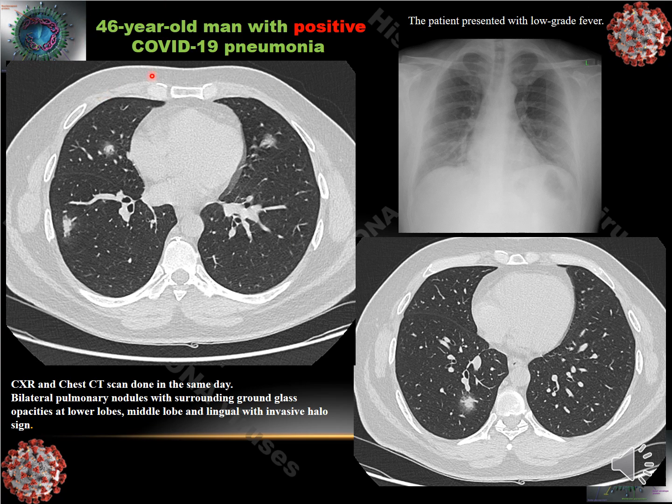Here is an example case: a 46-year-old man with positive COVID-19 shows multifocal pulmonary nodules in the middle lobe and lingula, the superior segment of the right lower lobe, also the right lower lobe, with surrounding ground glass, the halo sign. The chest radiograph also shows subtle abnormality.